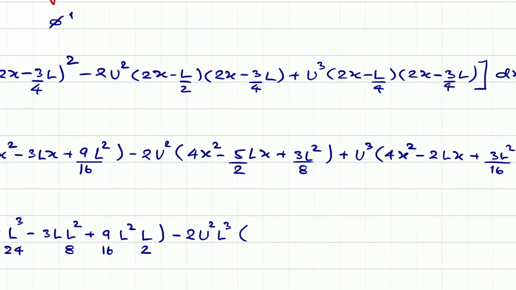In there I have 4 times 1/24 plus 5 over 2 times 1 over 8, right?